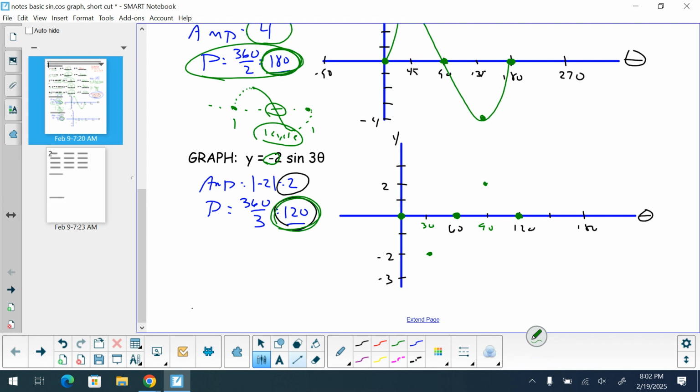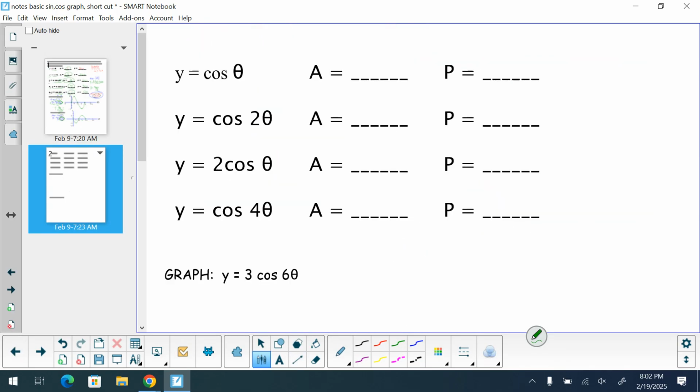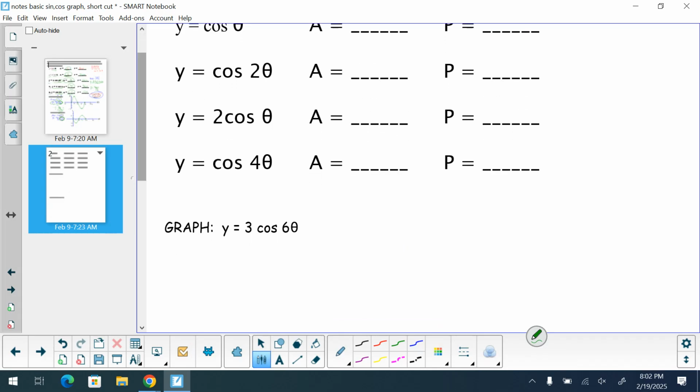We'll be up at the value of 2 then. So here is our sine curve. We're not going to go through this because it's going to be the exact same throughout.